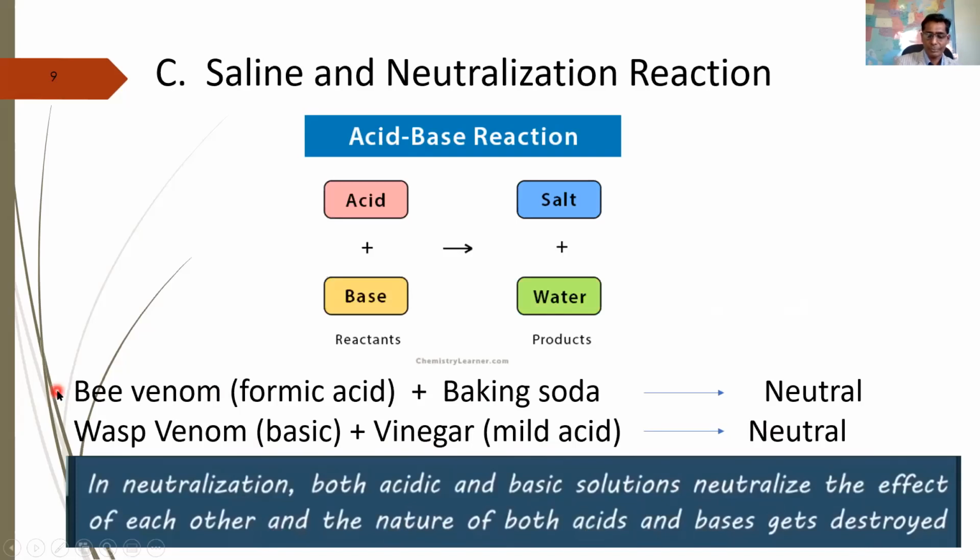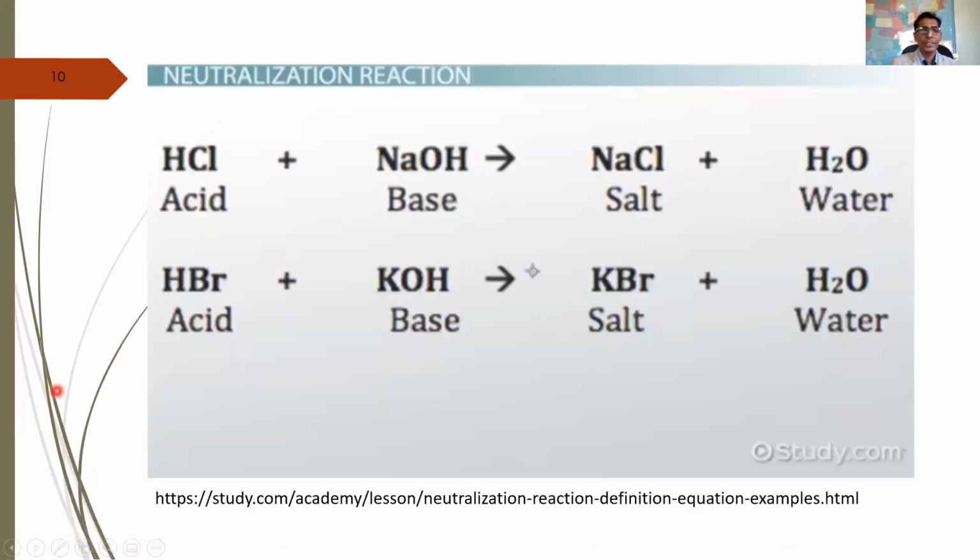So here are some examples of the reaction. Hydrochloric acid, when we add it to the base sodium hydroxide, what do we get? We get salt, which is sodium chloride, and water. Another example, hydrobromic acid with potassium hydroxide, we get a salt, potassium bromide, and water.